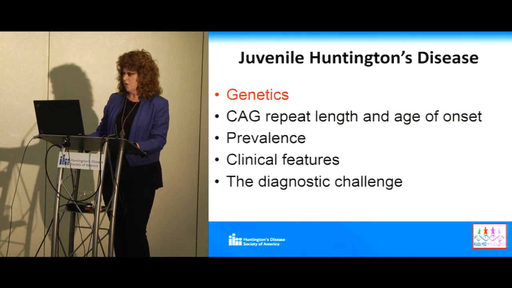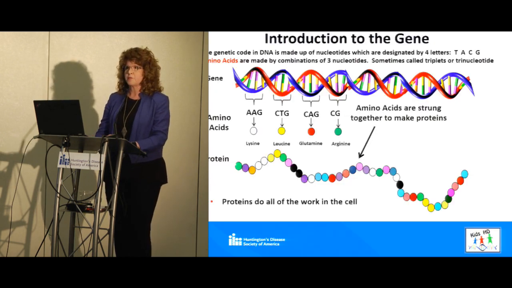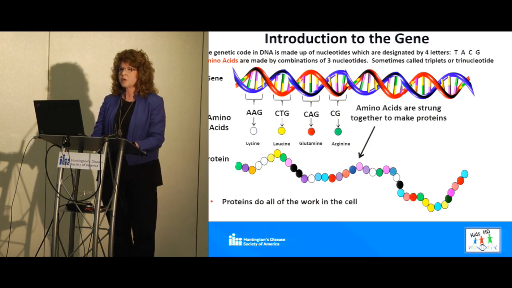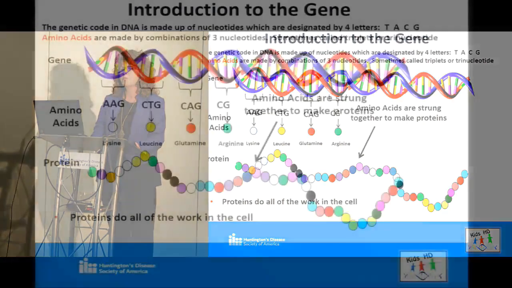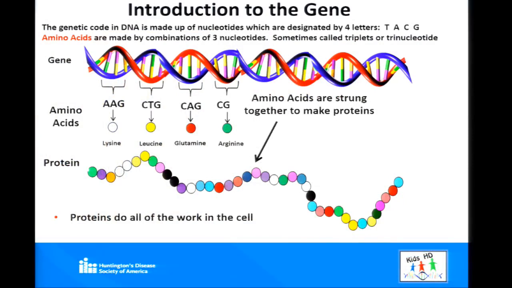And so here we go, genetics. Now for those of you who were at the previous talks today, there was a little bit of this, but I think it's always important to start from the very basics so everyone understands what we mean when we say Huntington gene. So we take it all back to the introduction of the gene itself, not just Huntington, all genes.